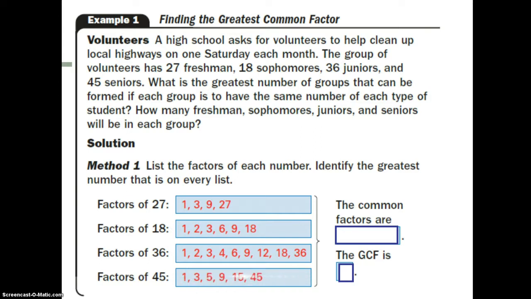And 45 is 1, 3, 5, 9, 15, and 45. If you look at these lists, what is the greatest number that is on every list? Here's a 9, here's a 9, here's a 9. 9, I would say, is the greatest common factor. The common factors are 1, 3, and 9, but 9 is the greatest.